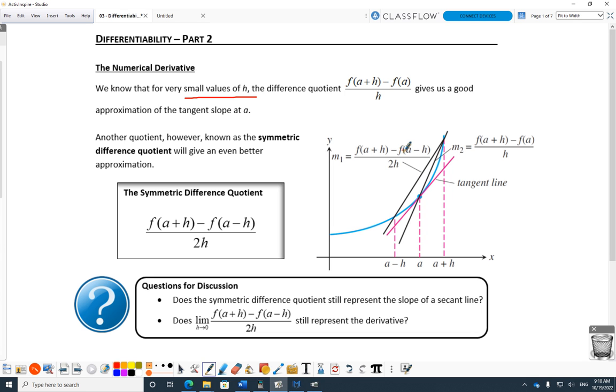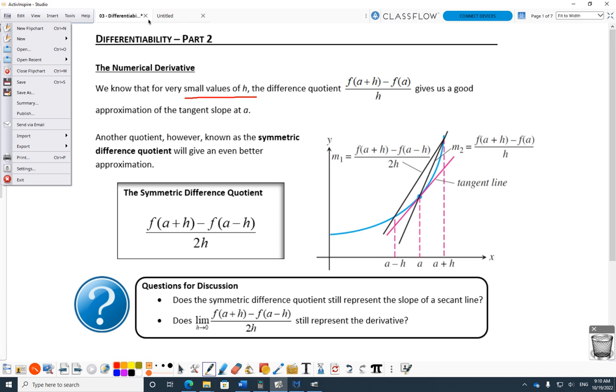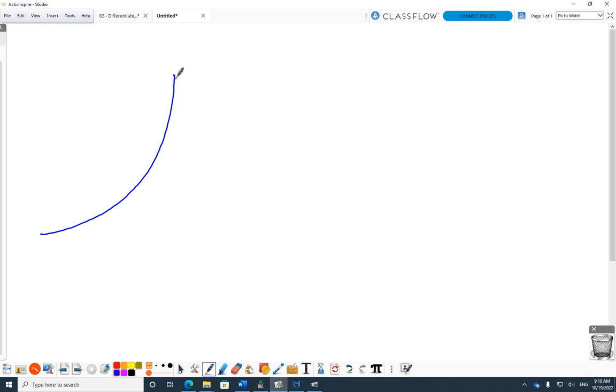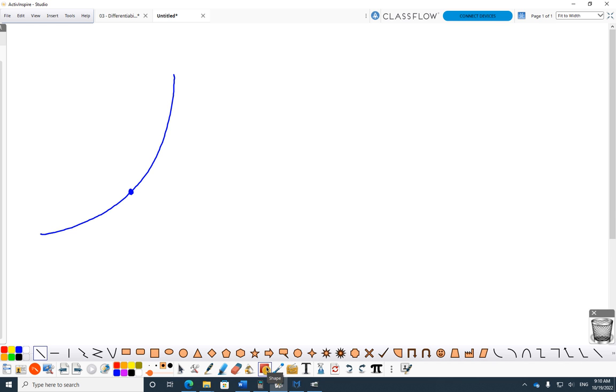Let's make sure we're clear on what we're talking about here. We'll rewind to advanced functions, but we've talked about this year. If we've got some curve, whatever curve it is, and I'll do the curve in blue, and we want to find the slope of the tangent right there at that particular point, you've seen me draw a diagram similar to this a bunch of times.